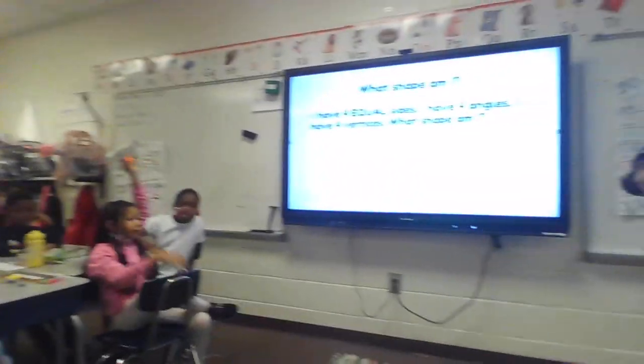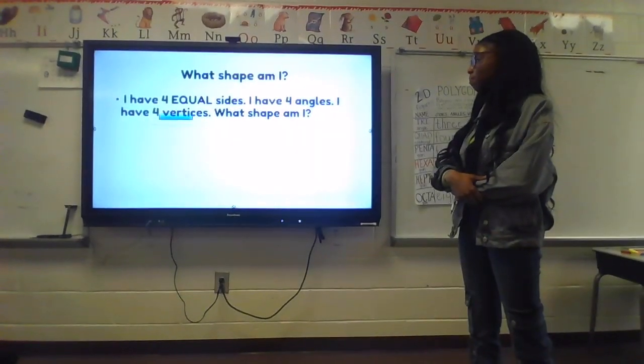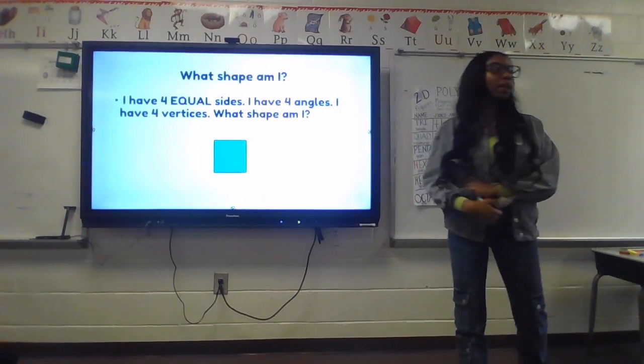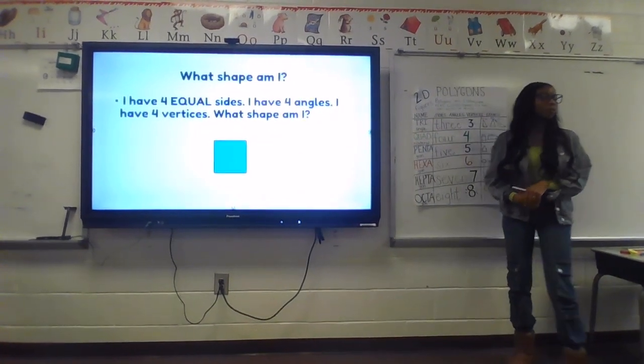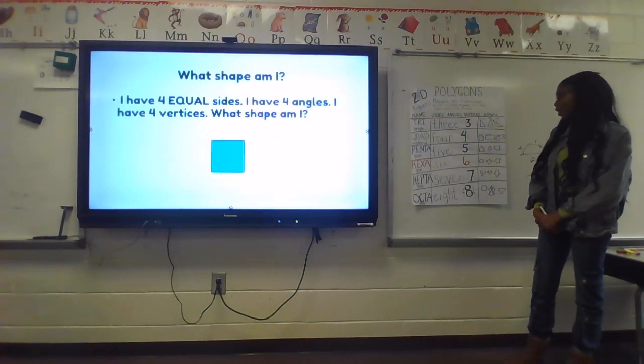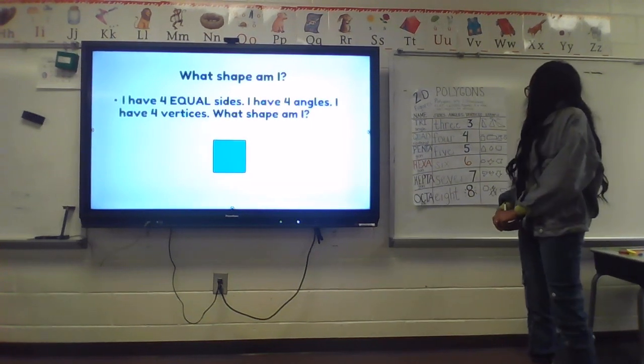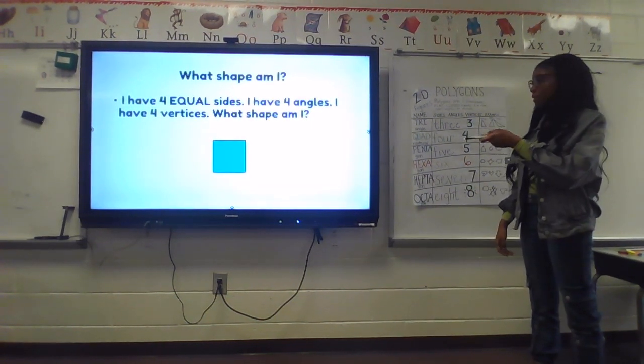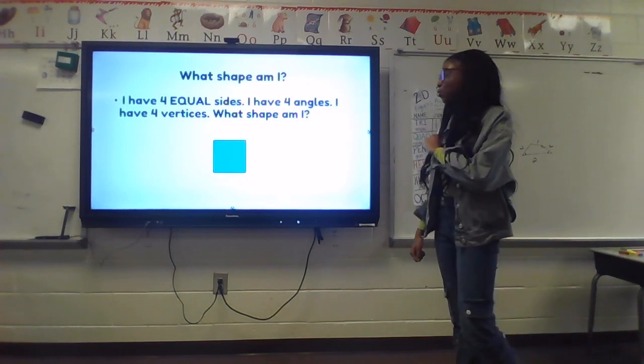What shape am I? Let's see. You should be holding up a square. A square has 4 equal sides. A trapezoid does have 4 sides, but are they all equal? No, they're not equal. So that's why this one is a square, okay?